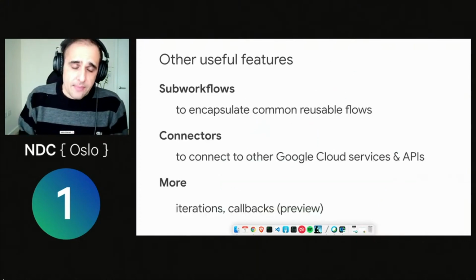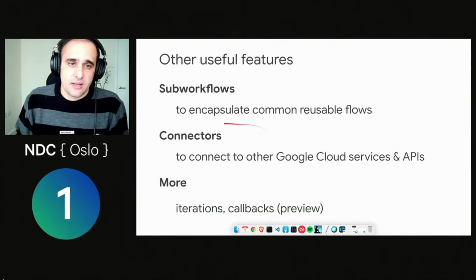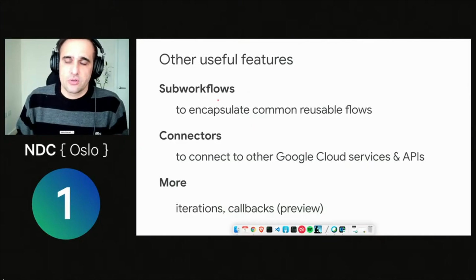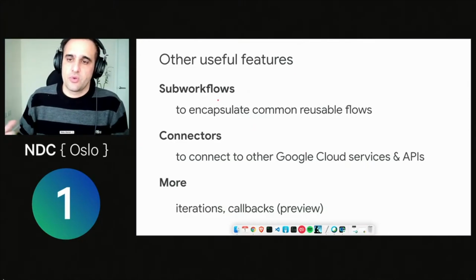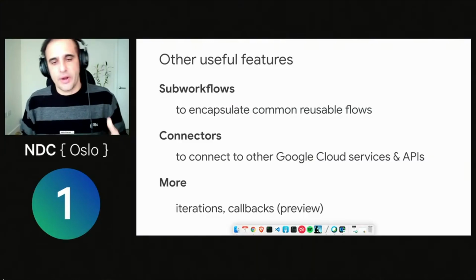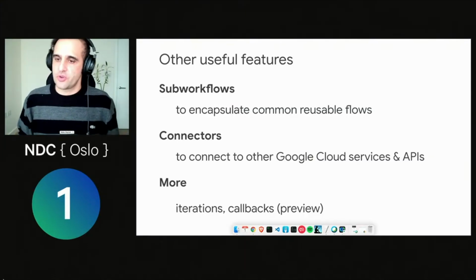And to wrap it up, there are some other useful features like you can define sub workflows to encapsulate common reusable workflows and use them from multiple places. We have connectors to connect to Google Cloud services.